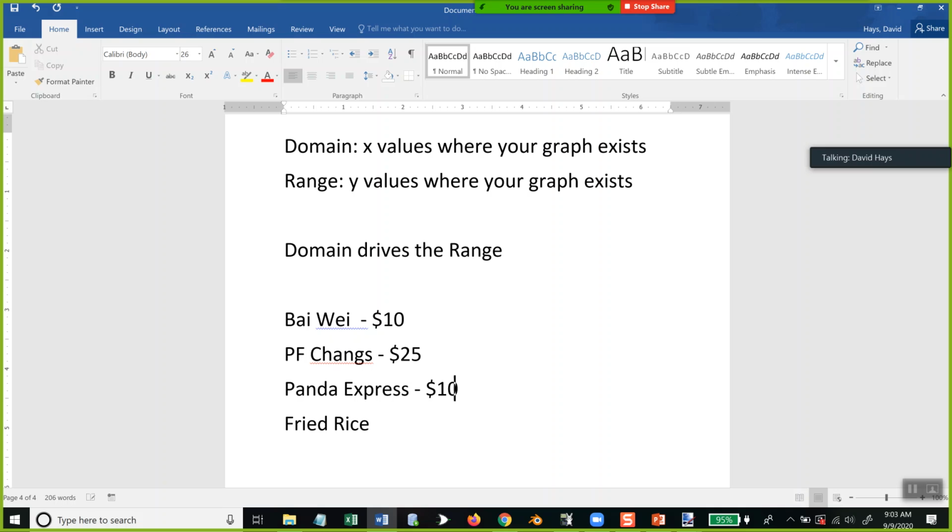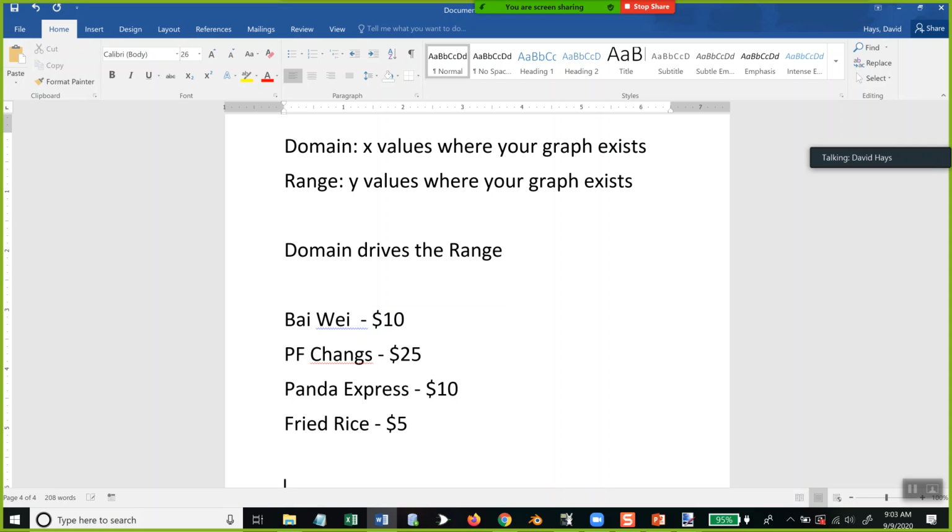Wow. Guess I haven't been there in a while. Fried rice was $5. I don't know what they made the mystery meat out of that they can afford $5, but it's actually pretty good. It's kind of a little bit on the greasy side, but good food. Now, I'd like to get PF Chang's every time, but I can't afford $25 per meal. Wish I could.